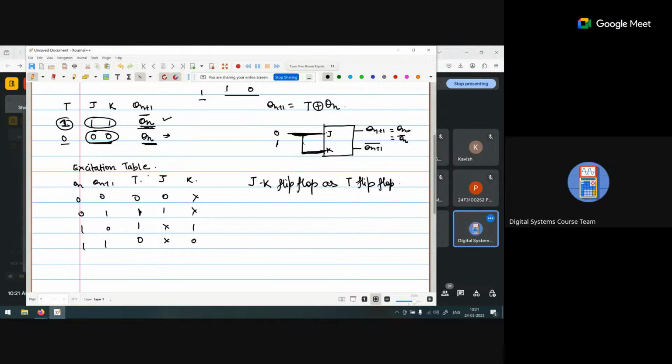Okay. Now can I write down the equation of J using T and Qn? Similarly, can I write down the equation for K using T and Qn?